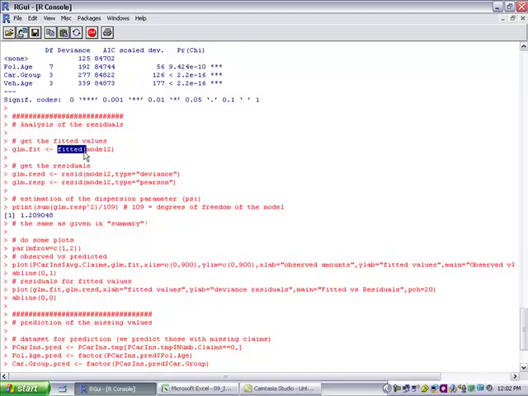So what we'll do here with the plots is compare the observations with the predictions, and then also compare the residuals against the fitted values.